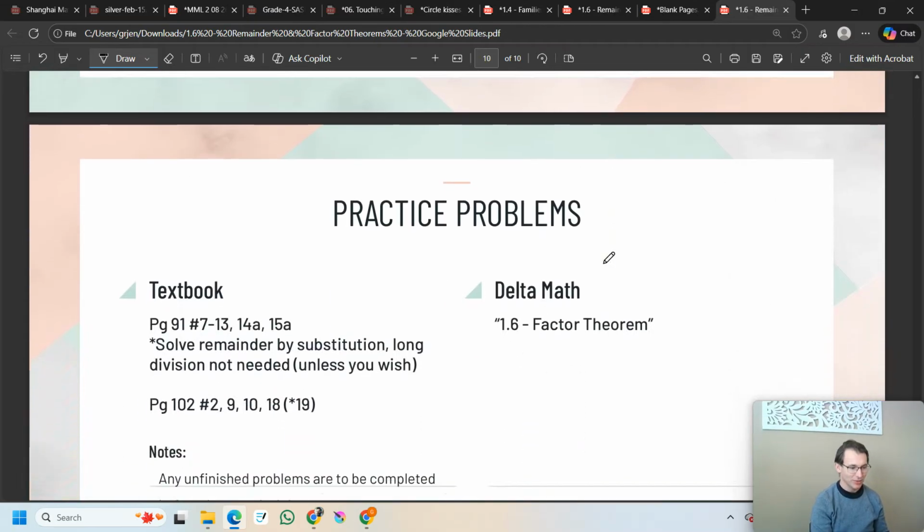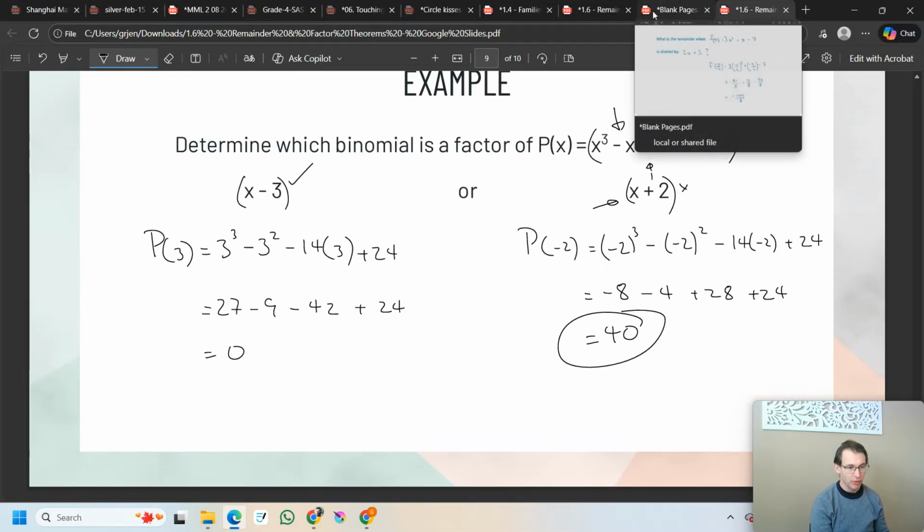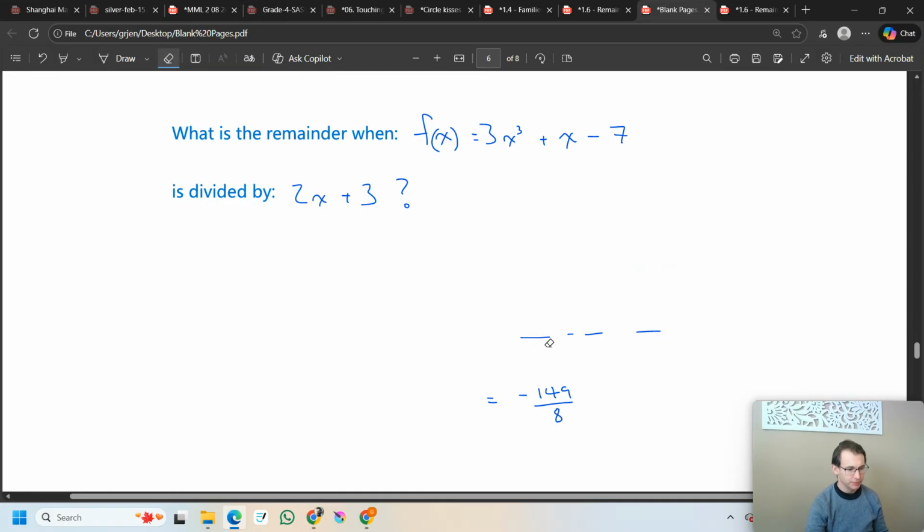Okay, so now do some practice problems. But before you go, I have one other problem that I want to look at. Just an example. What's the remainder here? Oh, I was going to erase that so that you couldn't see my work. This would be pretty extreme if I were to put this on a non-calculator test, but I think you should see an example and know how to do one of these.